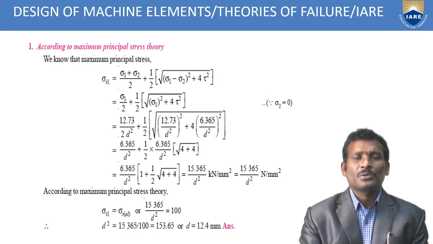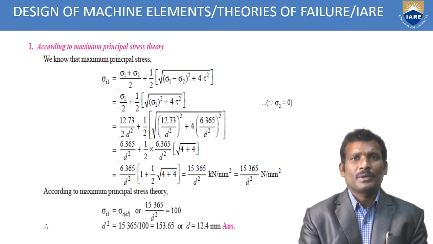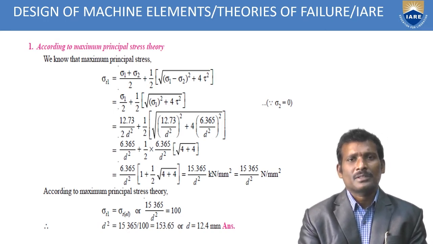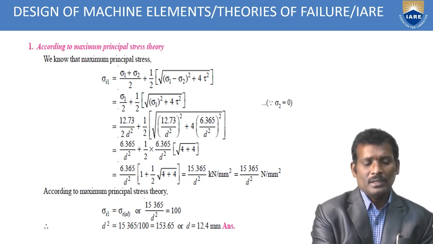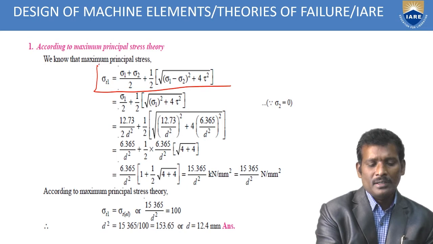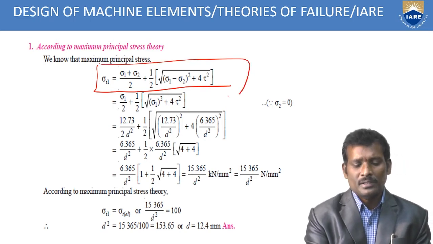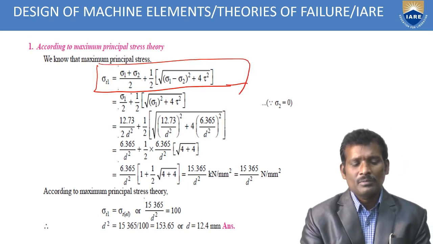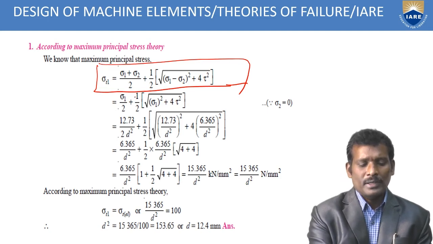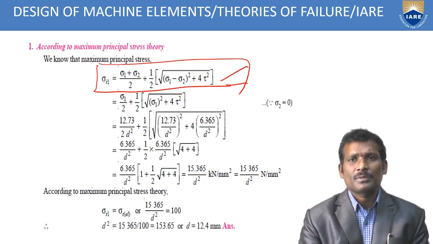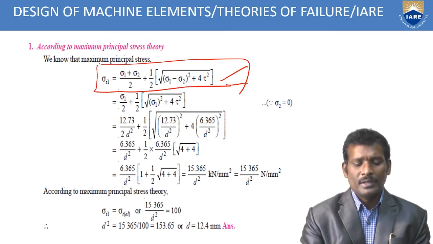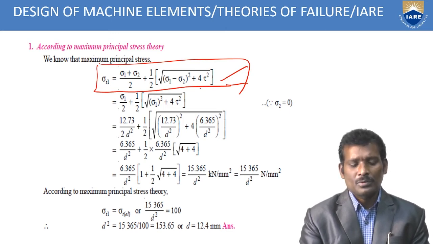Now we first apply the maximum principal stress theory. What is the empirical relation? According to the maximum principal stress theory, sigma 1 plus sigma 2 by 2 plus or minus square root of sigma 1 minus sigma 2 whole square plus 4 tau square.